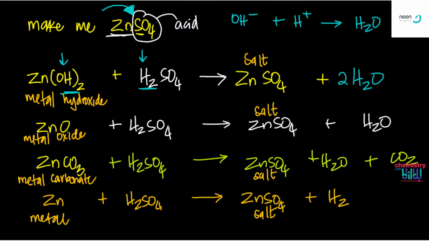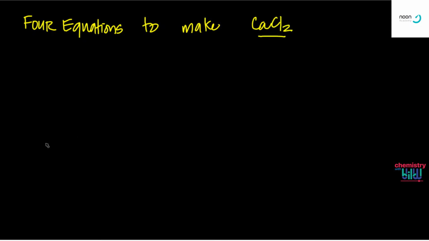Okay, that comes later. It's coming now. So far clear? So if I were to ask you, give me 4 ways to make calcium chloride, how would you make it?